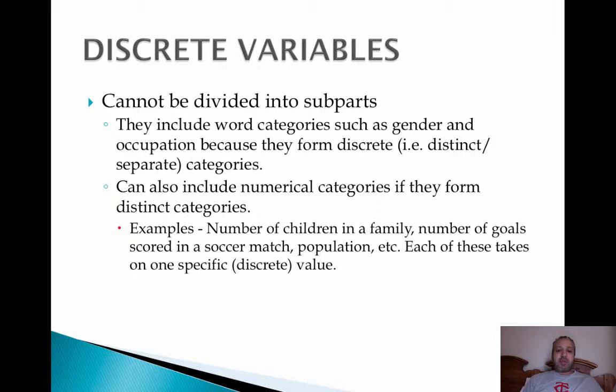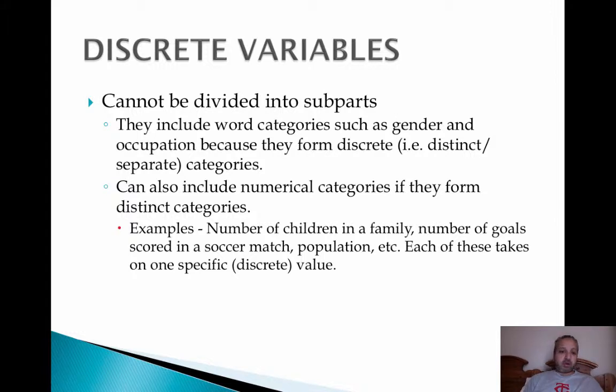It could include some numerical categories if they form distinct categories. So, for example, the number of children in a family. You can have 0 children, you can have one child, 2 children, 3 children, right? You can't have 2.5 children, okay?